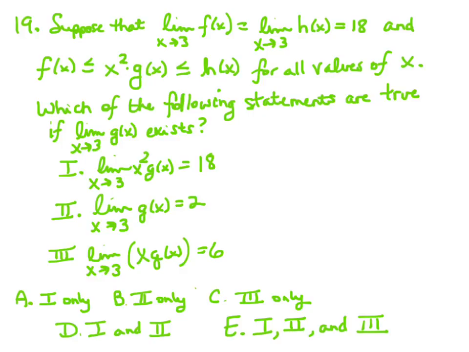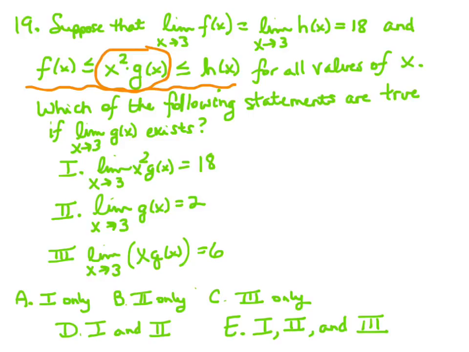And then we have this statement, f of x is less than or equal to x squared times g of x, which is less than or equal to h of x for all values of x. So that's a really complicated way of saying that this function, x squared times g of x, is between f of x and h of x always, for all values of x.